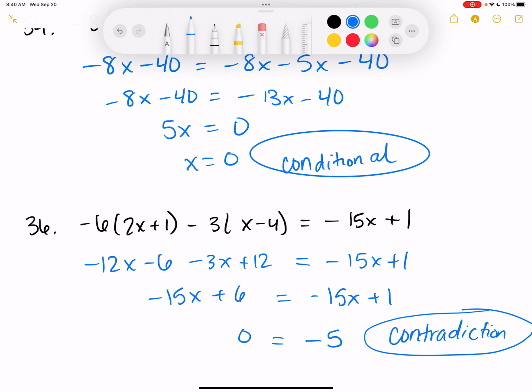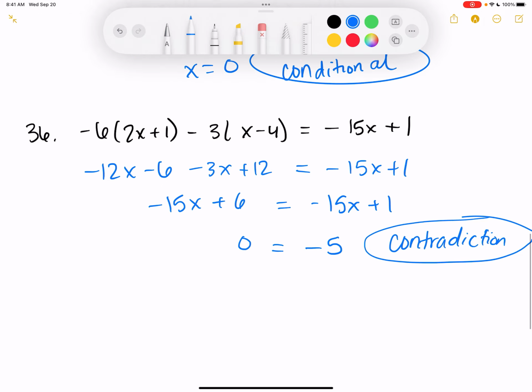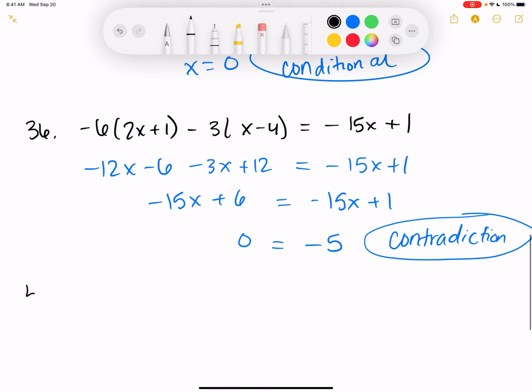All right, and then the last thing in this section that we are doing is to solve for the stated variable. And in any case where there's a denominator, it says assume that the denominator is not 0. So, 44.